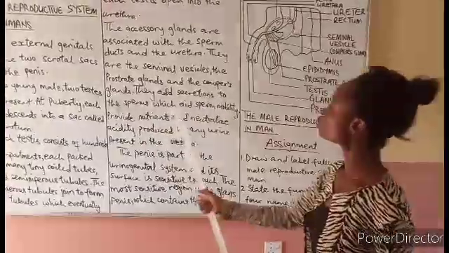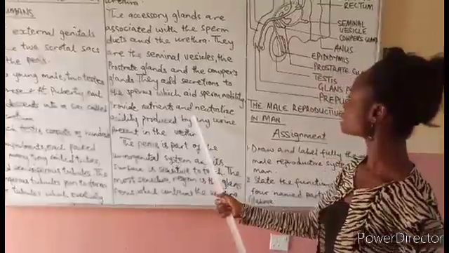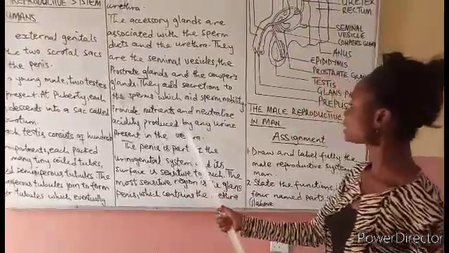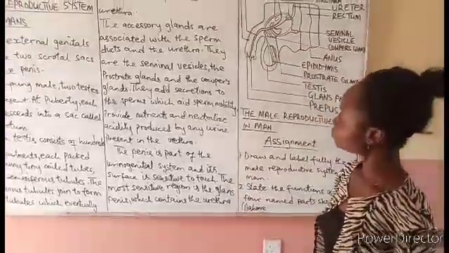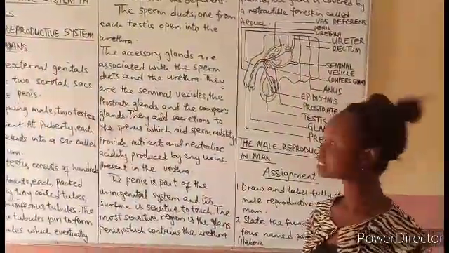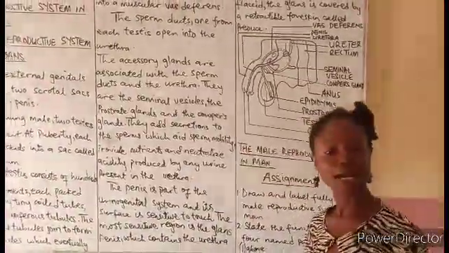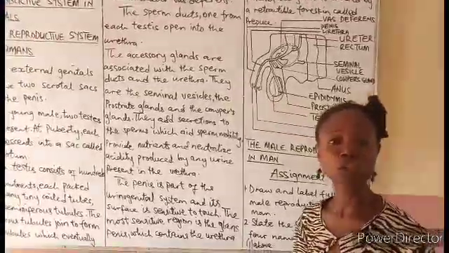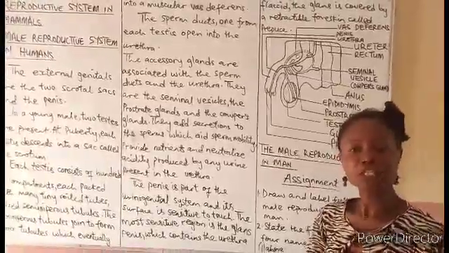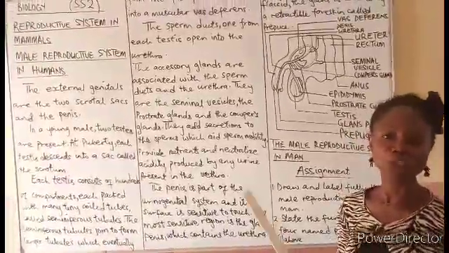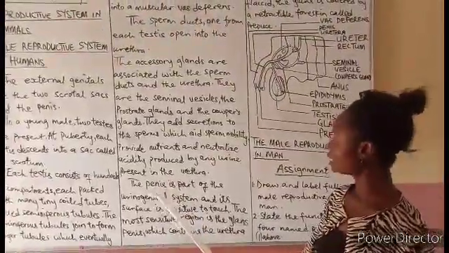They add secretions to the sperms, which aid sperm mobility, provide nutrients, and neutralize acidity produced by any urine present in the urethra. So these secretions are added to the sperm, and when these mix together, you form what we call the semen.